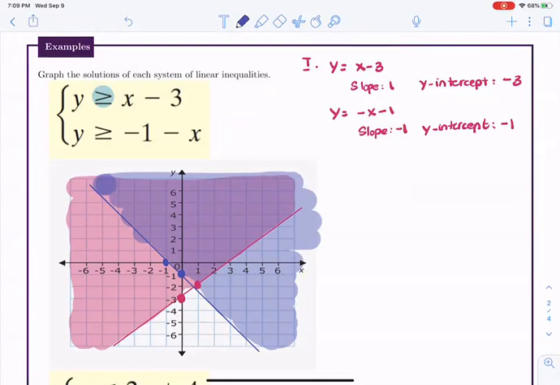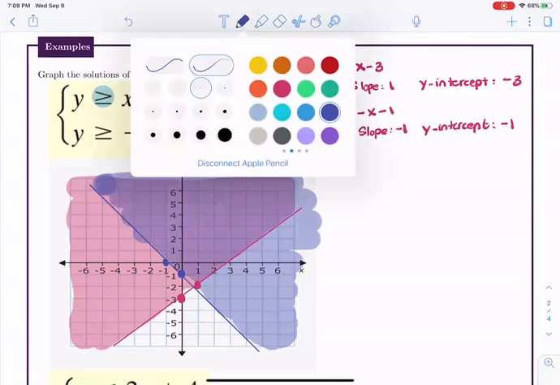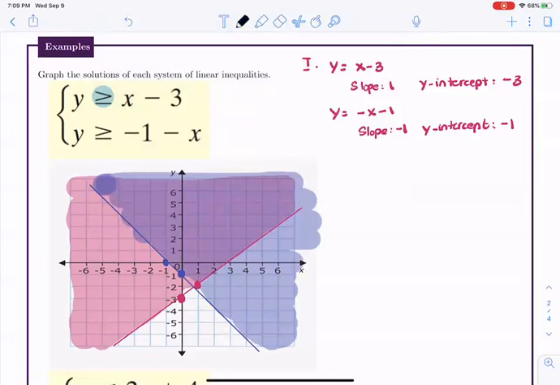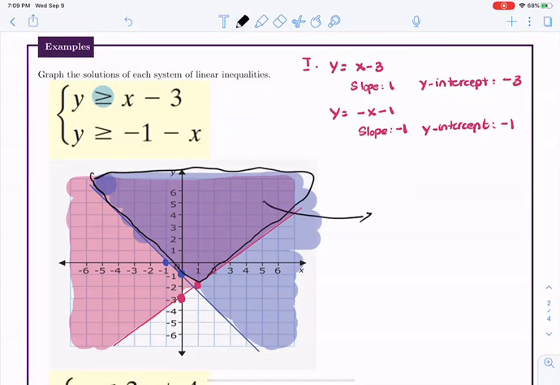And what does overlap? This is just an approximate sketch, so bear with me here. So all of that, including the line, and it'll keep on going. So that is the overlapping region. So that is what we call the solution set.